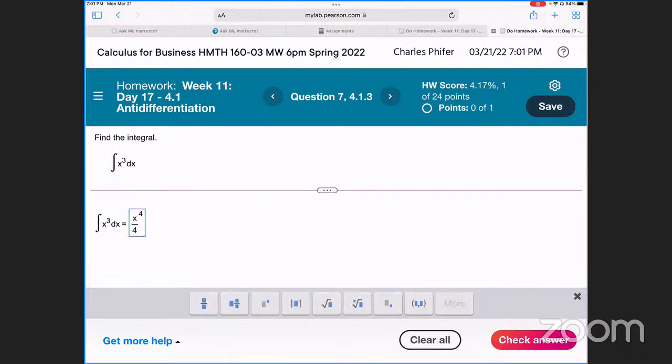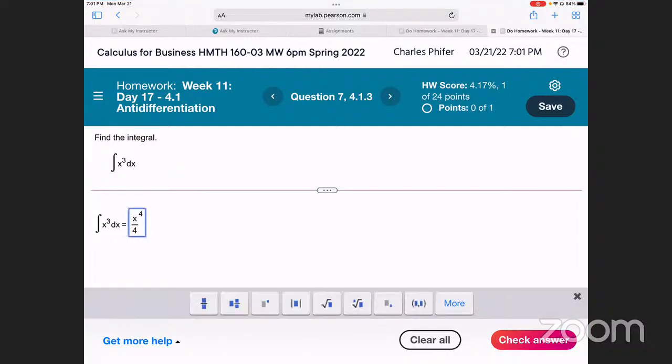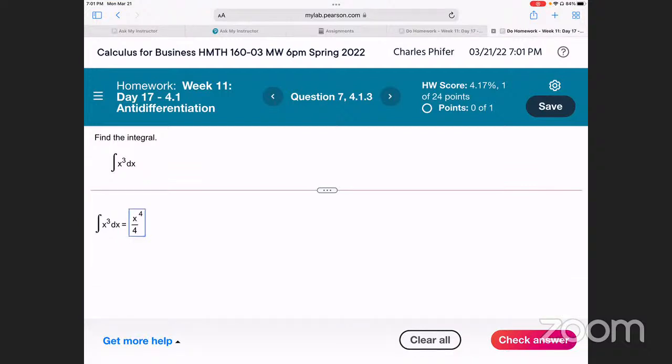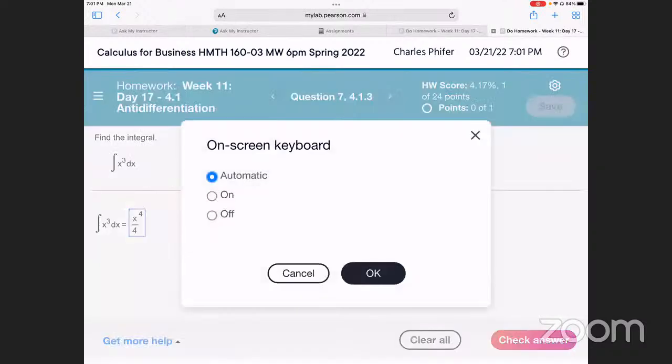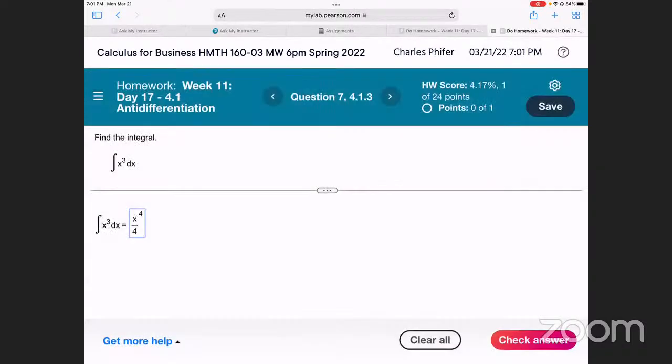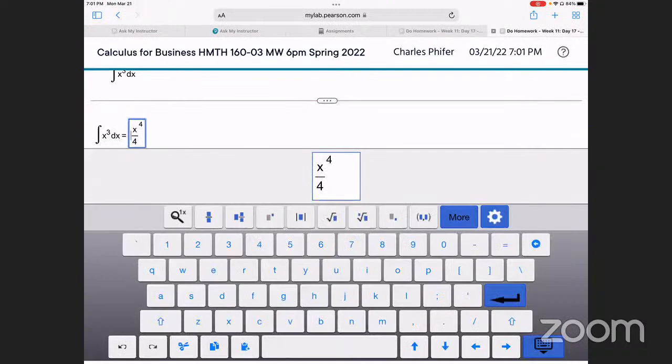You have to abandon that because it is getting in the way. Where's my keyboard? Plus C. Jeez.